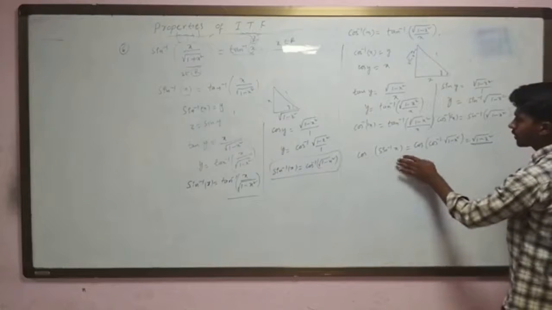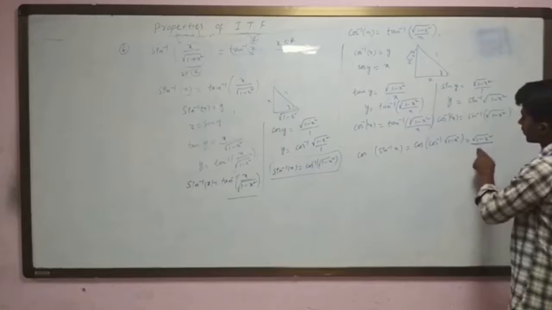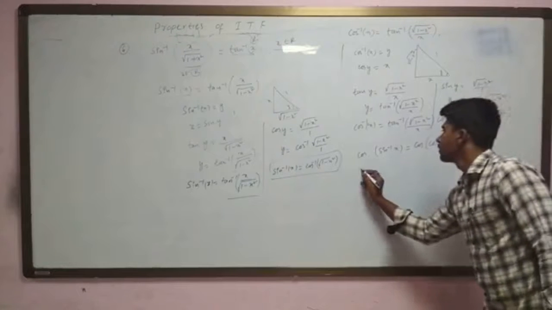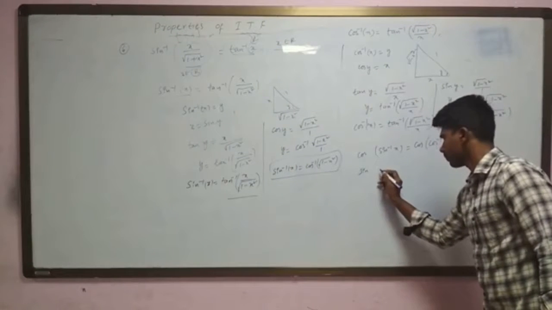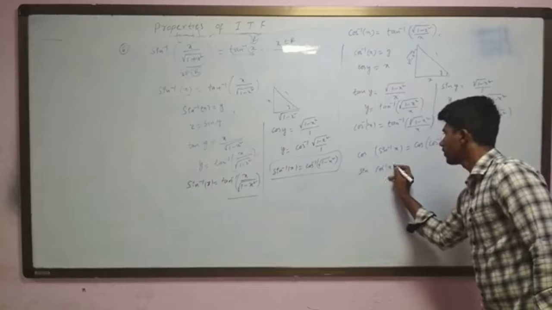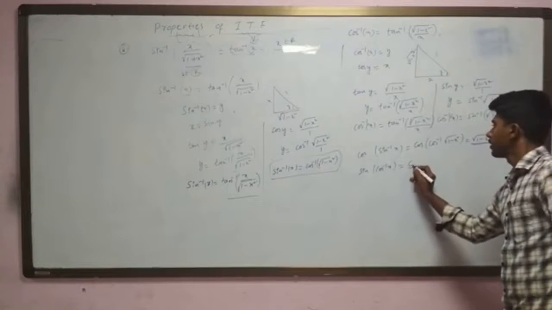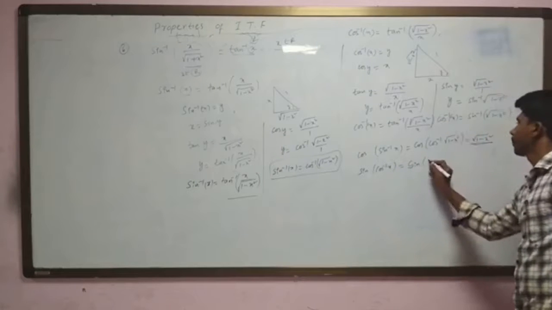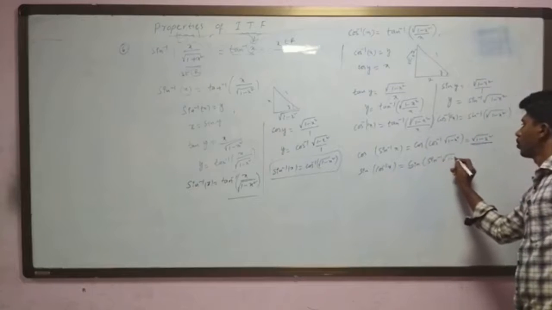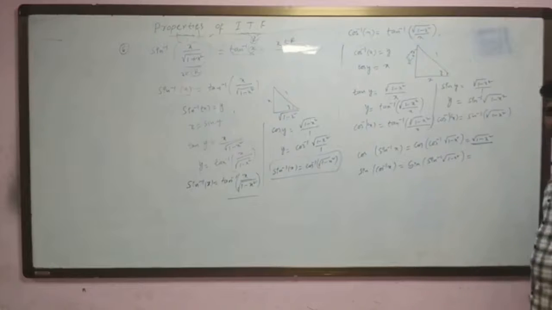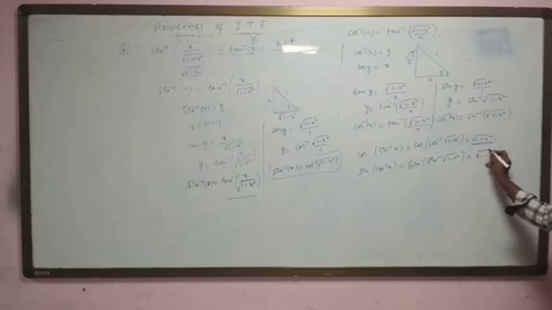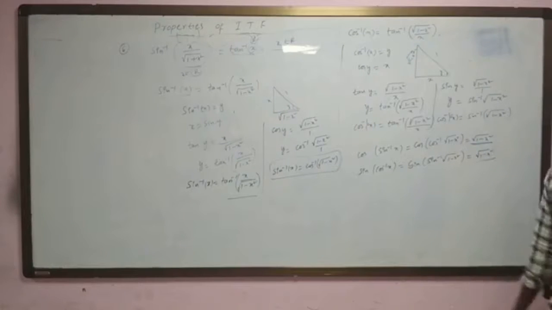So cos of sin inverse x is equal to root 1 minus x square, or sin of cos inverse x. This cos inverse x can be written as sin inverse root 1 minus x square, which is equal to root of 1 minus x square.